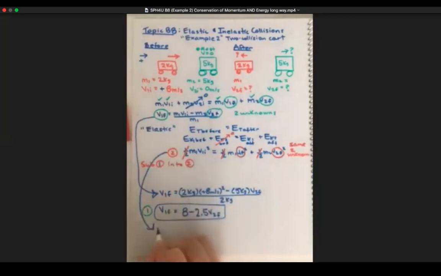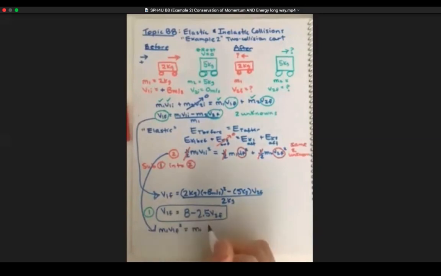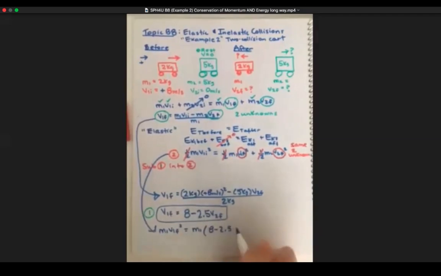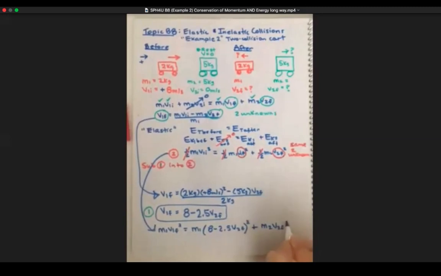We have M1 V1I squared equals M1, and now V1F is 8 minus 2.5 V2F squared plus M2 V2F squared.